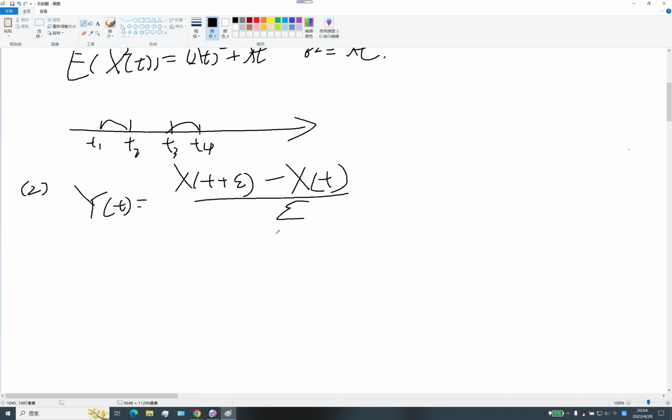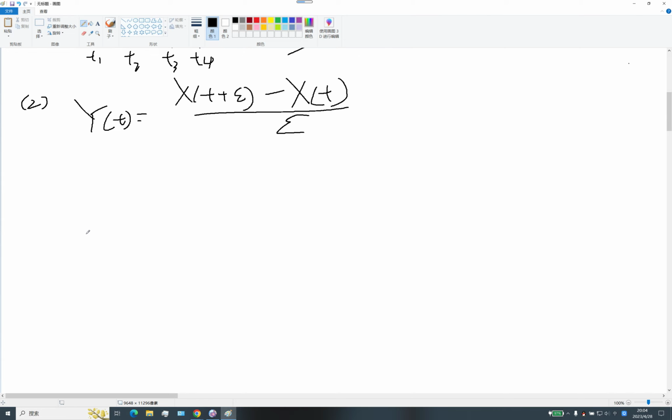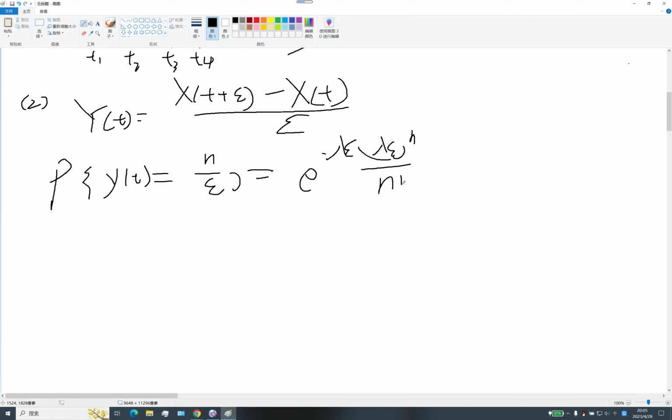So we can find some properties of this. The first one is that the probability Y(t) equals n over ε is equal to e^(-λε) (λε)^n / n!, and the average of it is λ.